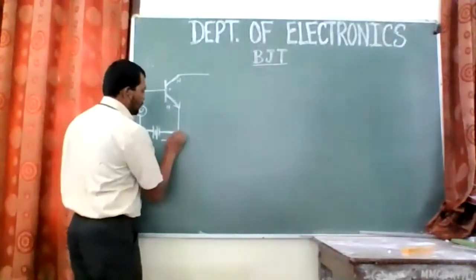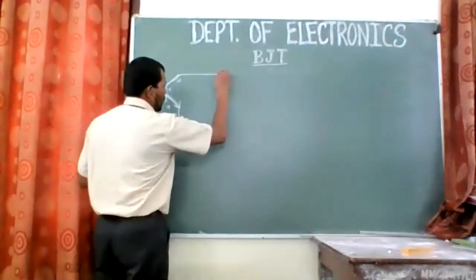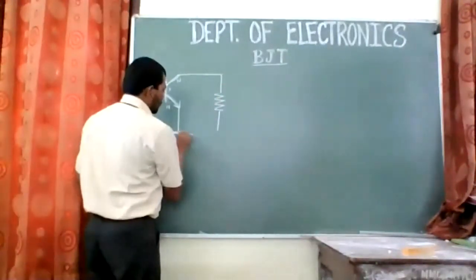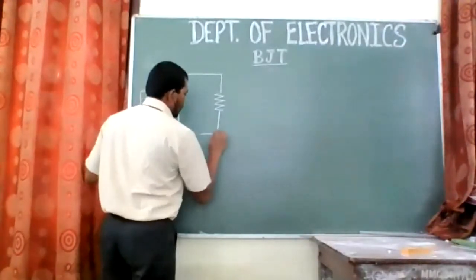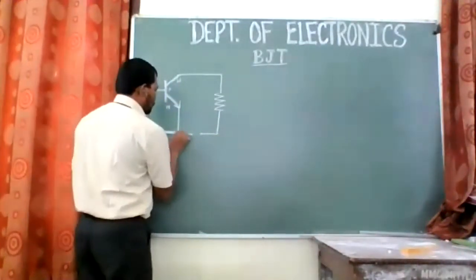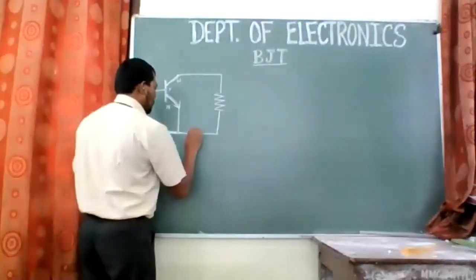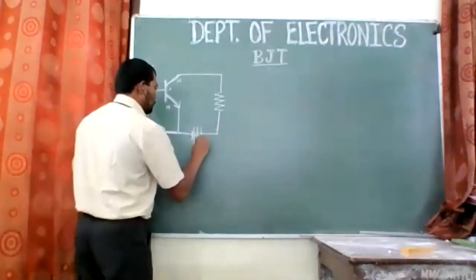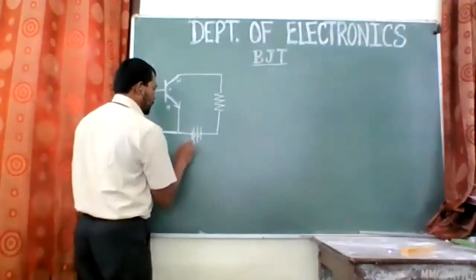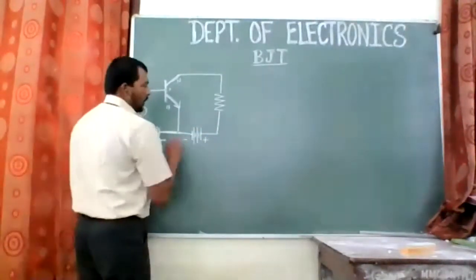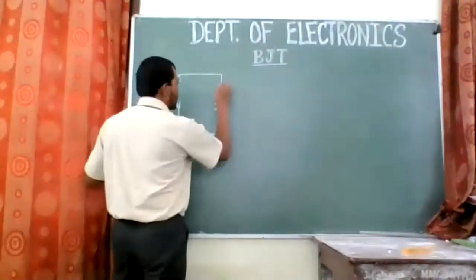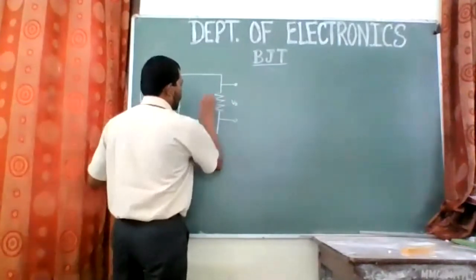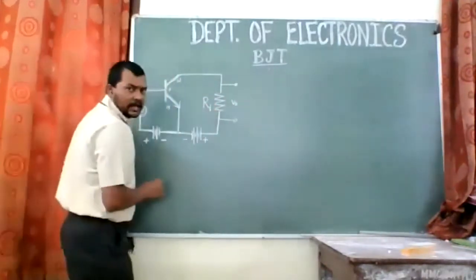Similarly, at the output, we apply the load resistance, and we expect the output to come across the load resistance like this. The collector base junction should be reverse biased, and for that we supply a high voltage here. So this was the circuit diagram, and here we expect the output VO across this load resistance RL.